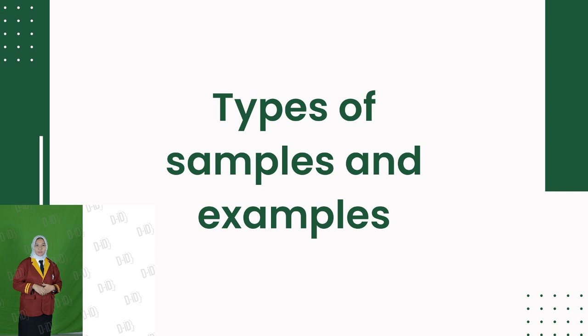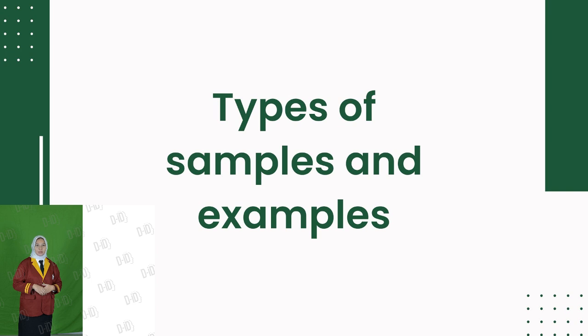Then, from each group, we take a random sample with the appropriate proportion. For example, out of 500 students, 300 are male and 200 are female. If we want to take 20% as a sample, then we take 60 males and 40 females. This helps ensure that all groups in the population are fairly represented.